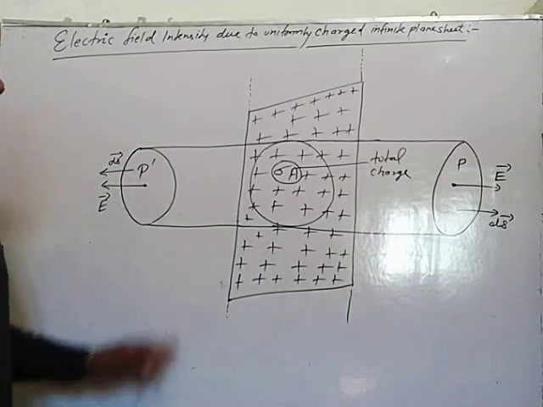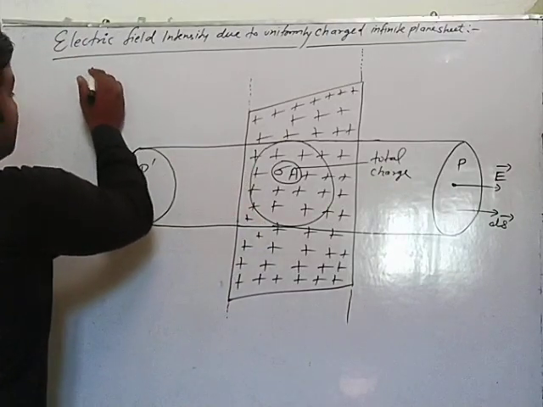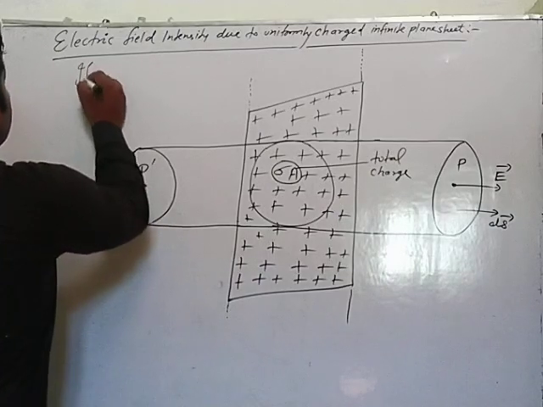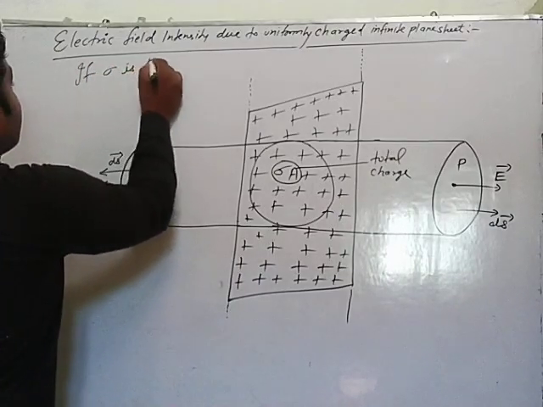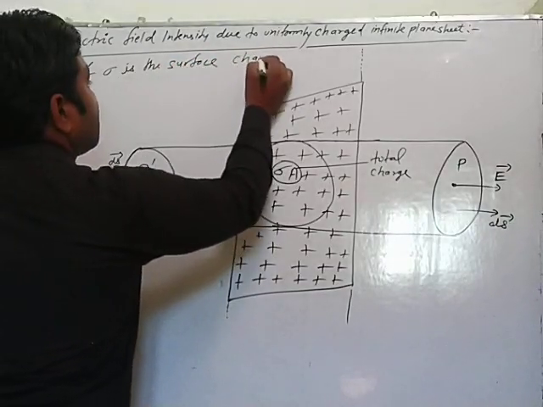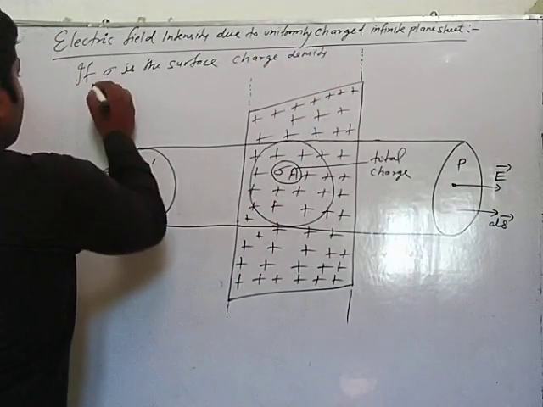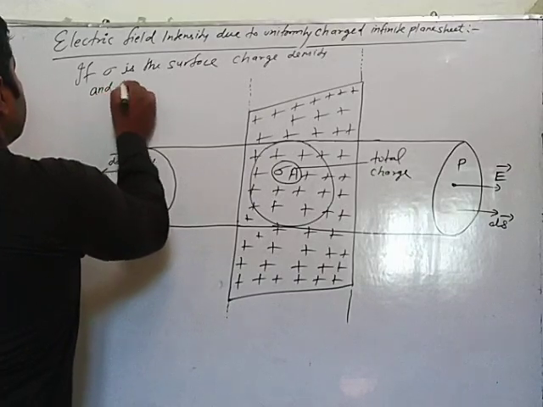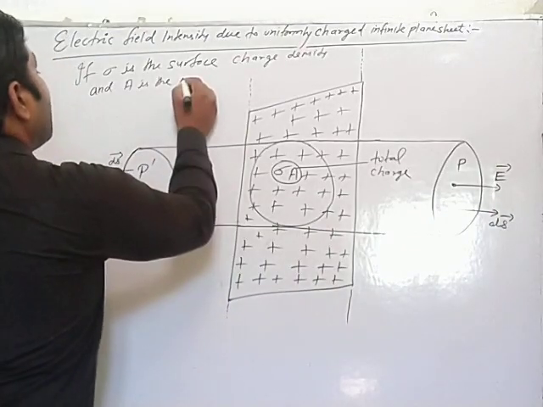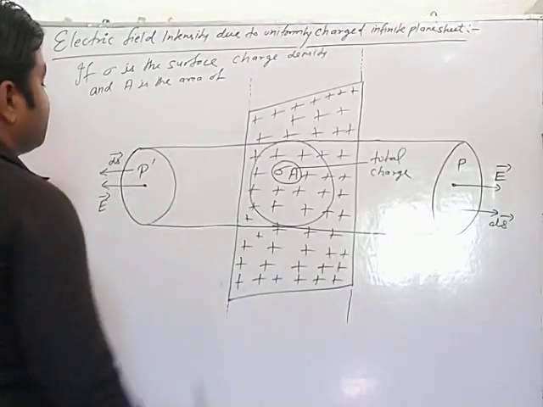Now, starting concept: we have to imagine that sigma is the surface charge density of this imaginary Gaussian surface, and A is the area of cross section of the imaginary cylinder.